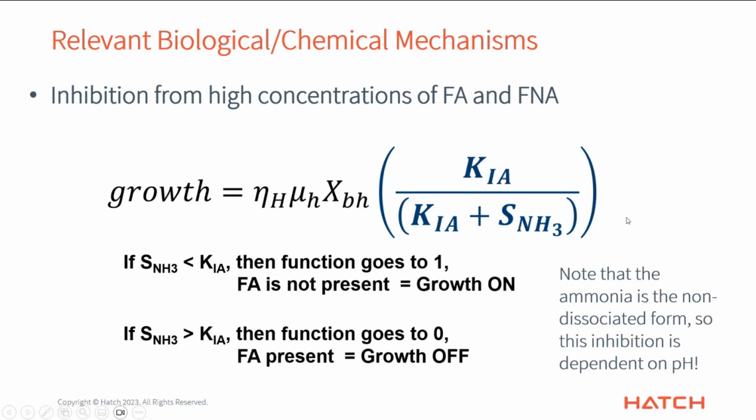There's actually a whole lot of other brackets and saturation and inhibition terms as well, but I just simplified it down to this to show. And please note that this is the non-dissociated form, so this thing here is actually dependent on the pH. So there's even that extra level of complexity going on here. For the same ammonia concentration at two different pHs, you would have two different amounts of inhibition going on.